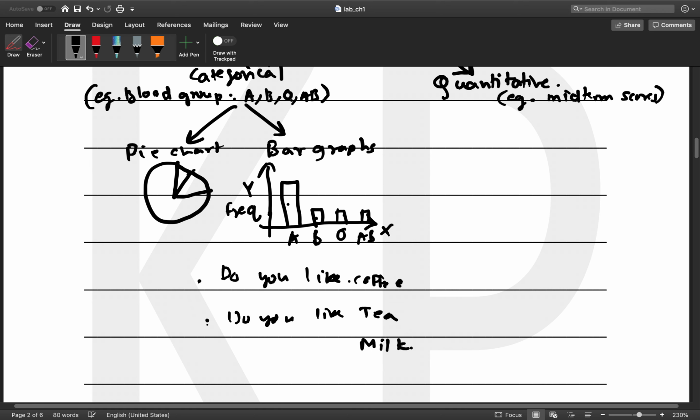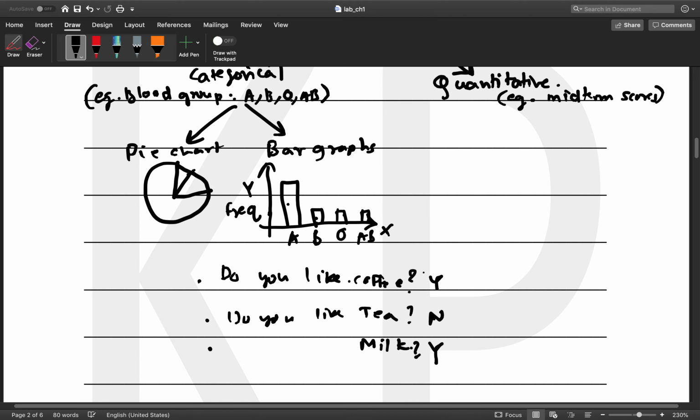These are actually three different questions, but you can represent all of them in one data set. Possible answers, maybe I could say yes, I do like coffee, maybe I don't like tea, but I also like milk.